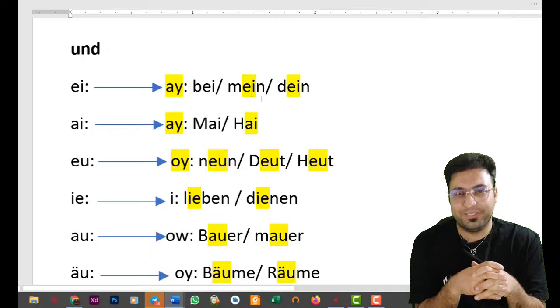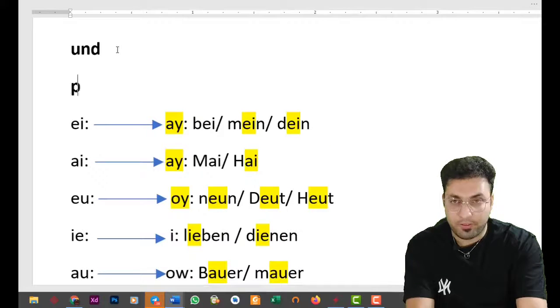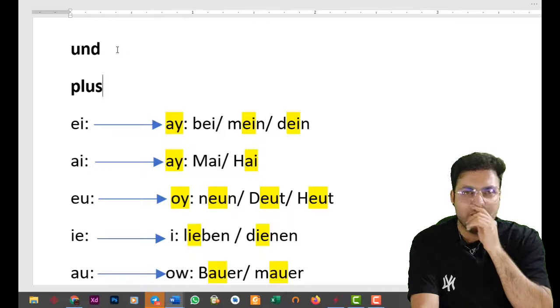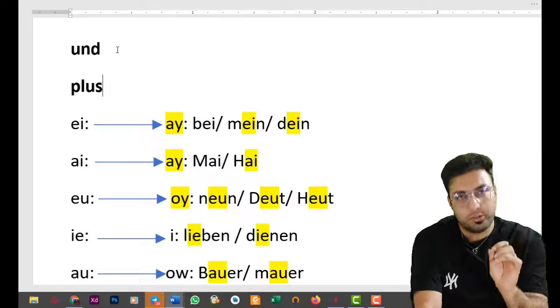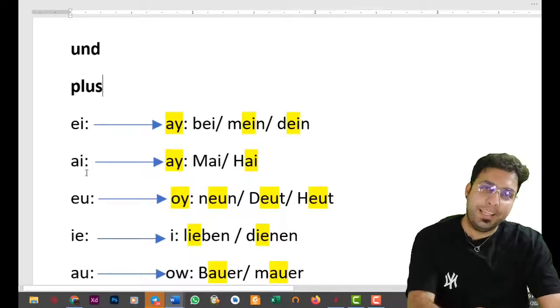So einfach. The next, A und I, oder plus means plus, like English plus. So U is always U in German language. There's no A sound. So A plus I is also I. Okay.